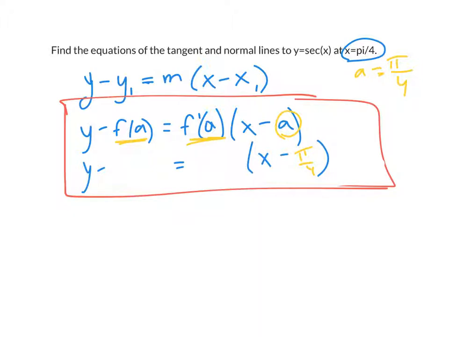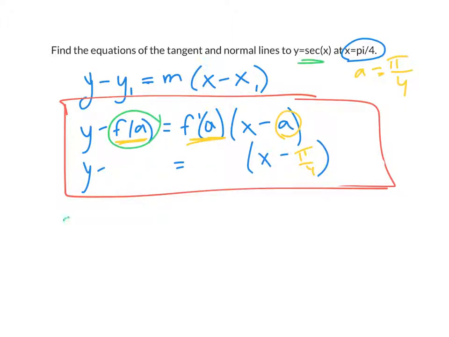So I'm really looking for the derivative, which is my slope, at some point, and then I'm looking for an actual functional value. A lot of times we just jump straight to the derivative, but I'm actually going to start by finding f of a, which is just my y value for my function secant x at pi over 4.